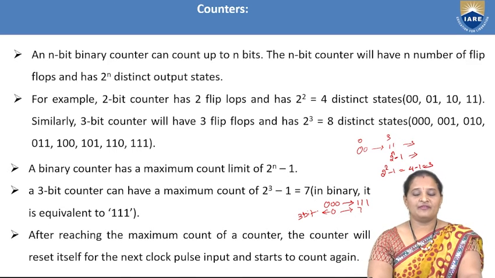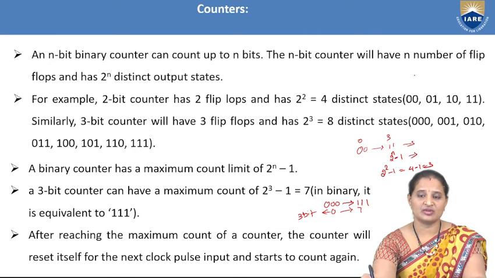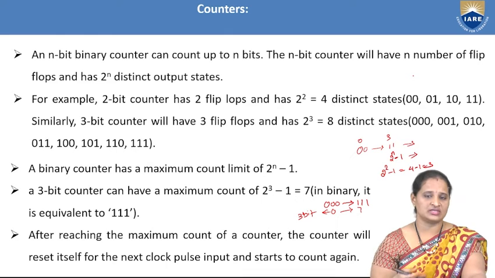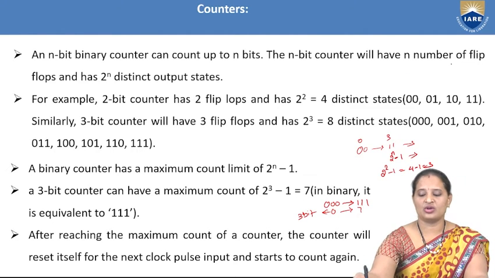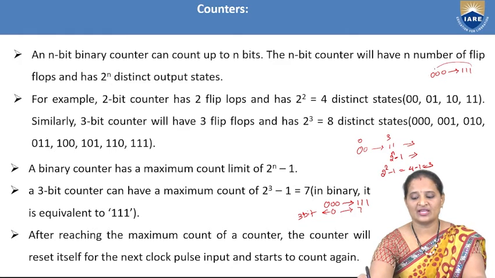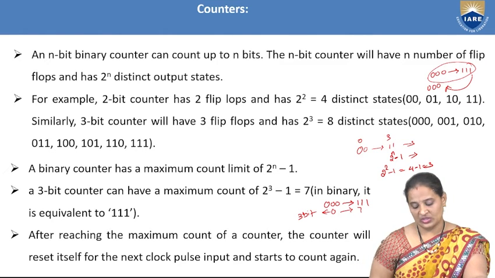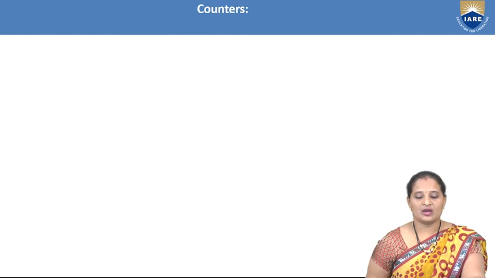If we continue applying the clock pulses after the count has changed from 000 to 111, so 8 pulses have been counted, the counter goes back to the initial state, 000, and the count starts again. This is the operation of a counter.